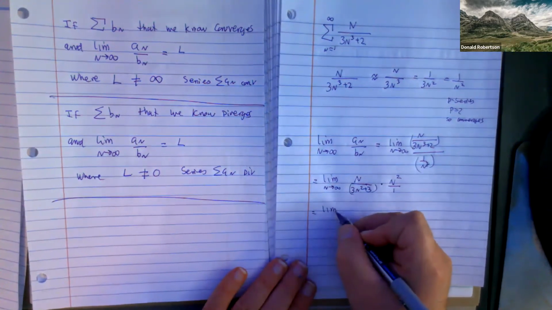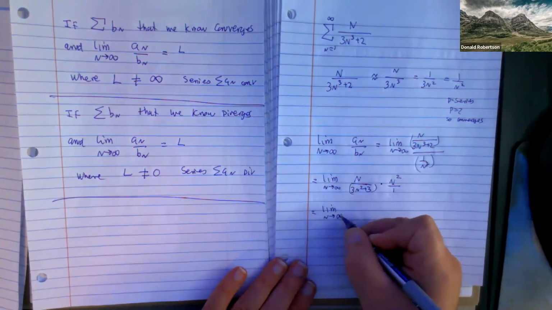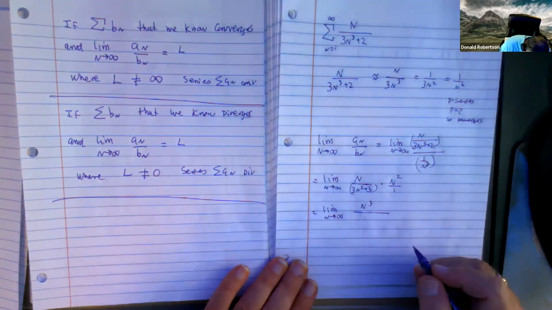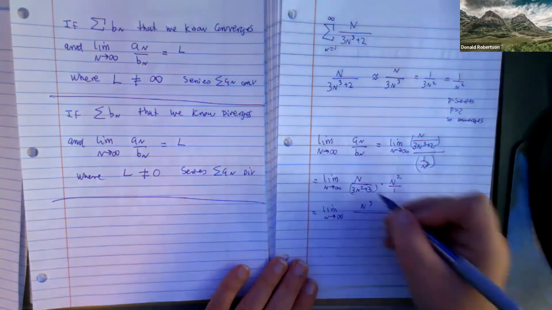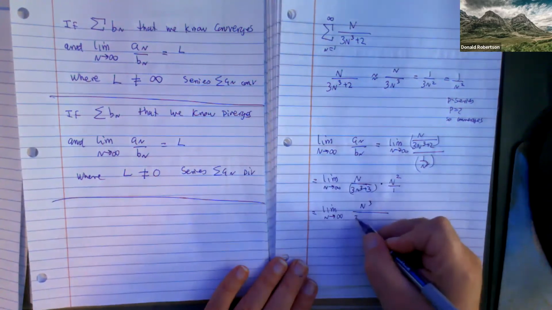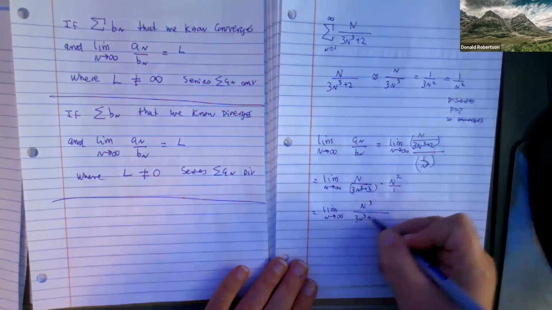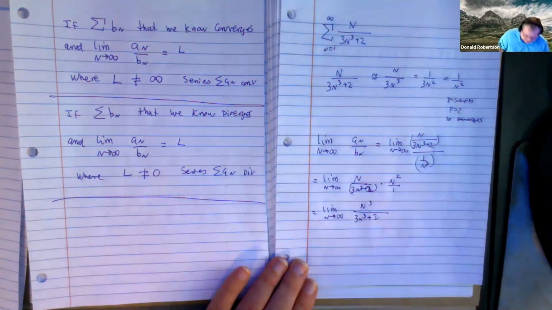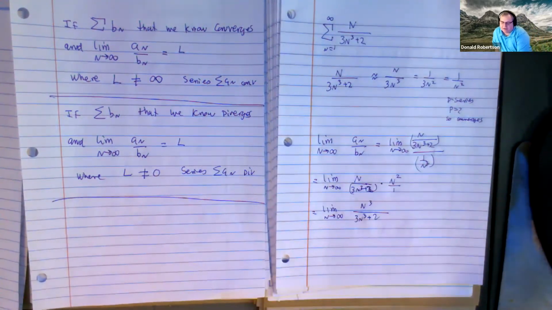Multiply all the top together. Did I do that right? There we go, that's a cube. 3n cubed. It's a 2 plus 2. Okay, we're at this stage here.